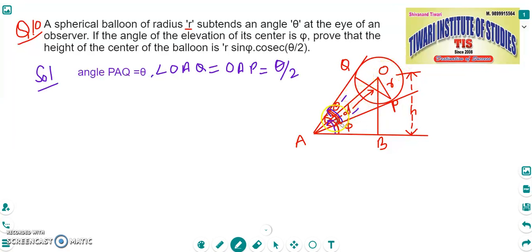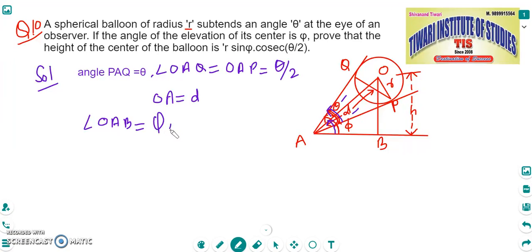And the distance between O, that is the center, and the observer, I have just taken as OA, and I have put some value, that is D. Second, we have the angle of elevation of the center from the observer, that is angle OAB is equal to phi. This is already given in the question.